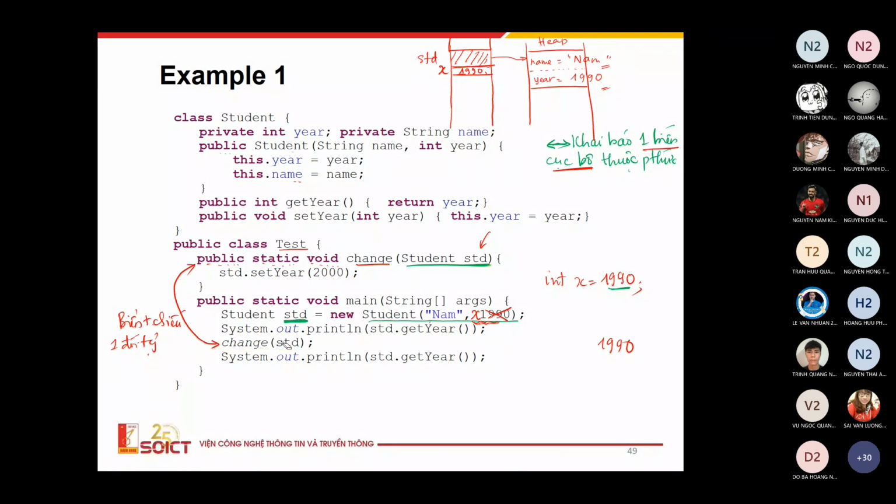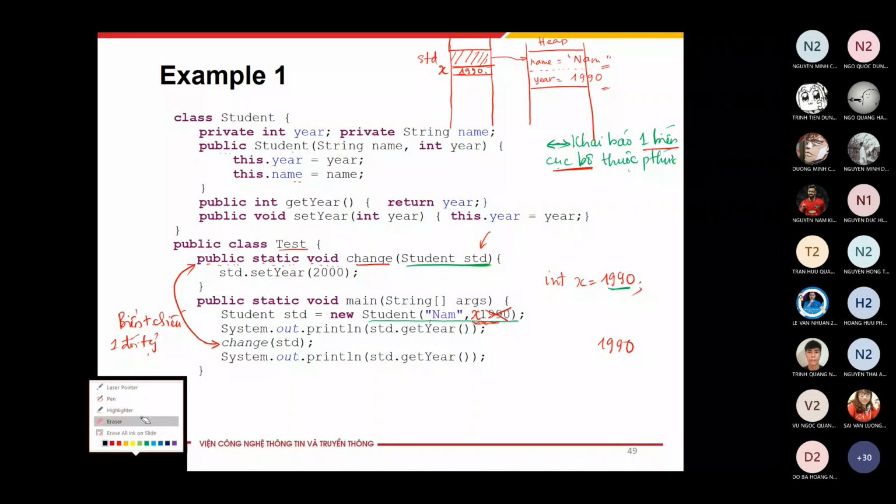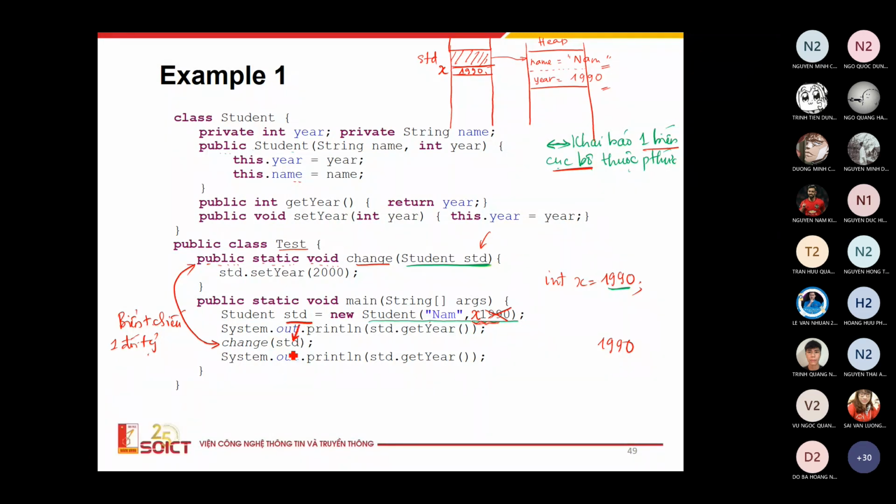Tôi lại dùng màu đỏ cho nó dễ. Std này chính là std của chương trình chính truyền vào đây. Được chưa? Nhưng std ở trong lời khai báo phương thức trên này là gì? Std cục bộ của phương thức nhé. Khi có một lời khai báo một đối tượng hoặc một biến tham chiếu cục bộ như thế này thì tương tự ở trên, chúng ta sẽ có một vùng nhớ dành cho std cục bộ, tức là std màu xanh.